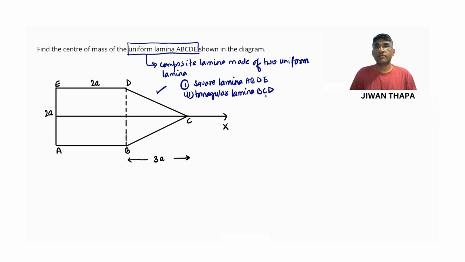So we have this. Now we can see in this diagram this horizontal line is dividing the composite lamina into two equal parts.